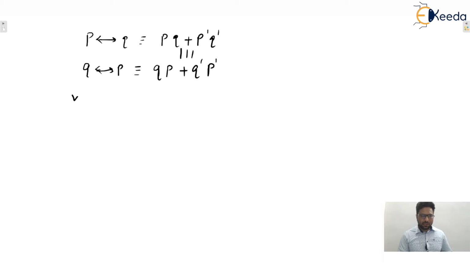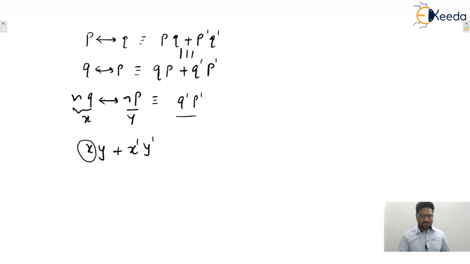Next one, you can take negation Q biconditional negation P. This becomes Q dash P dash plus QP. Let's say this is X, let's say this is Y. So we can write it like that, XY plus X dash Y dash. What is X here? X is Q dash. What is Y here? Y is P dash.